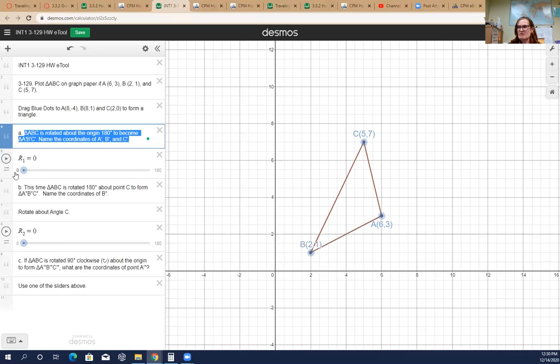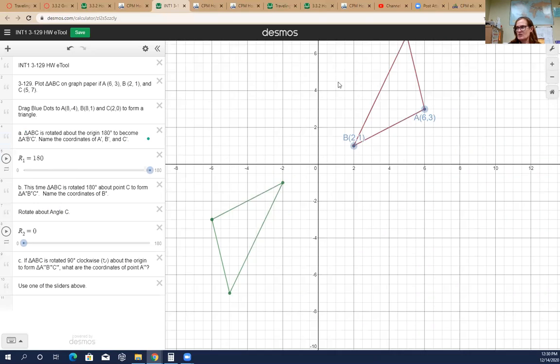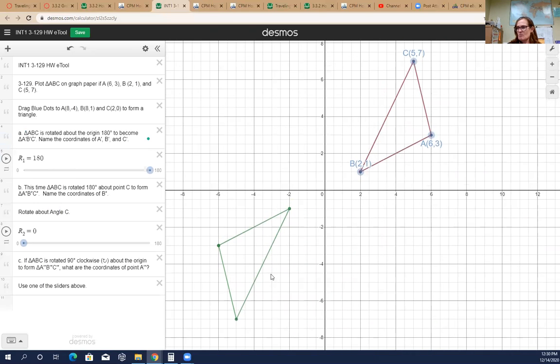Name the coordinates of A prime, B prime, C prime. So I'm going to take my little slider tool and rotate my triangle until it's all the way at 180 degrees. So now this is what my new triangle looks like.